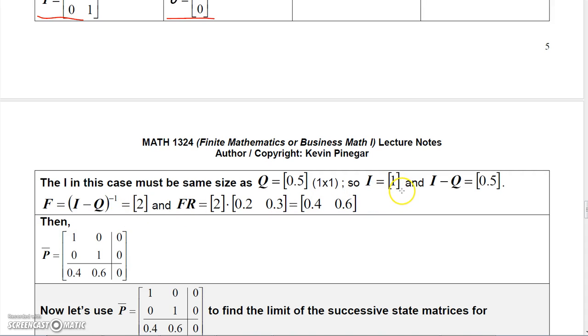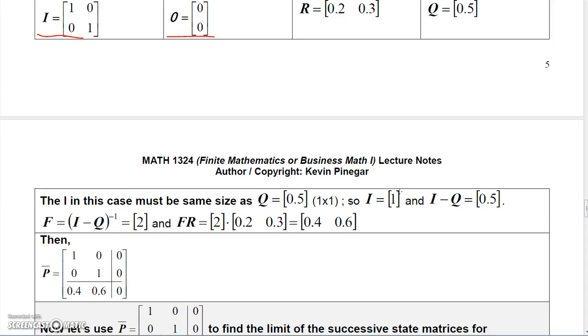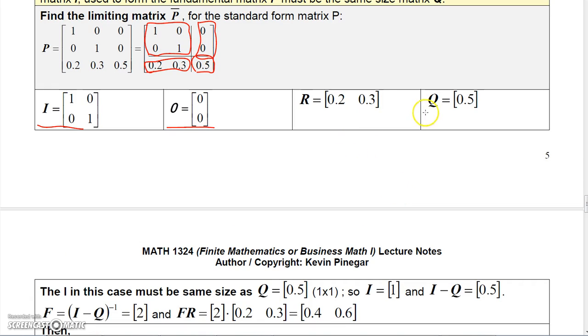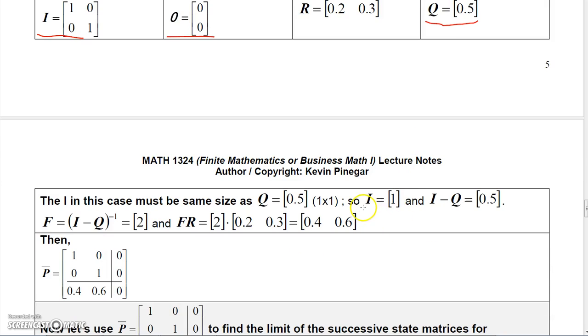Since Q is just a 1 by 1 matrix, the identity for a 1 by 1 matrix would just be the number 1. So if I take I minus Q, that would just be 1 minus 1/2, which is 0.5.